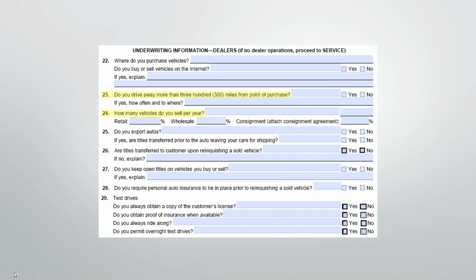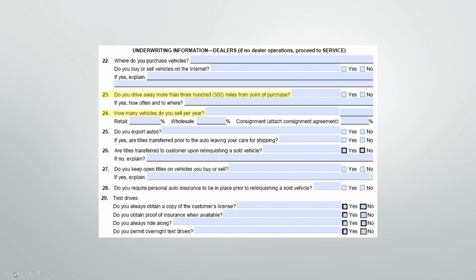And I need to know how far they're going because they're only covered up to 300 miles with my carrier. So if they're going to be going 301 miles plus, that's fine. I just need to know how far they're going and how often they're doing this so that I can rate for it accordingly. And if there's an accident, we want to make sure we have the policy ready to go, covering them wherever they're headed.